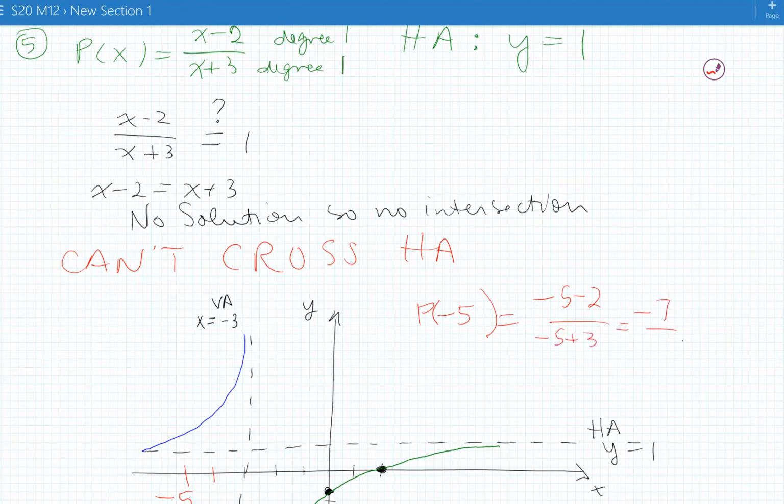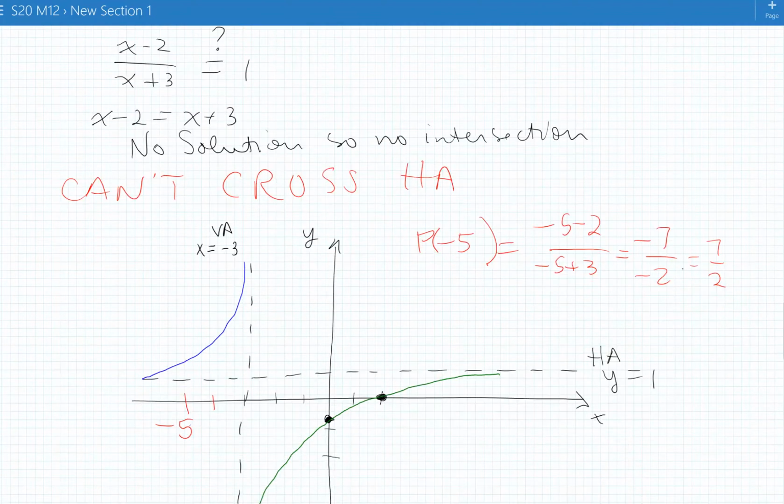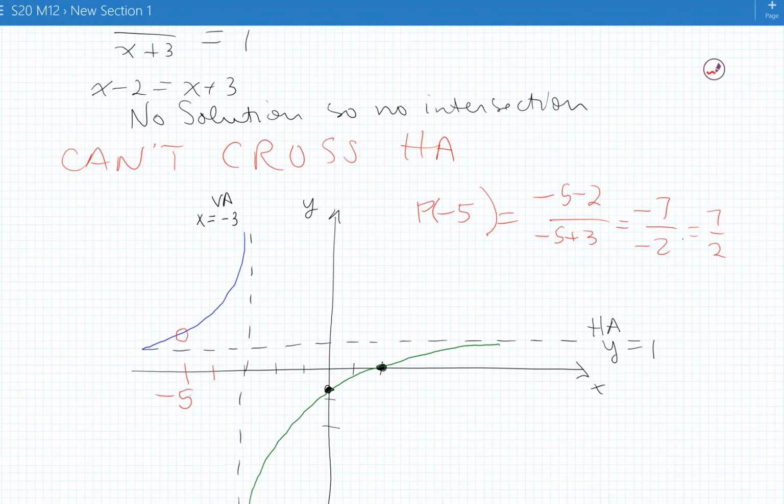So it's going to be negative 7 over negative 2, or 7/2. So at the point (negative 5, 7/2), there is a hole in the graph, a puncture. And that's the graph of r. So let me know if you still have questions.